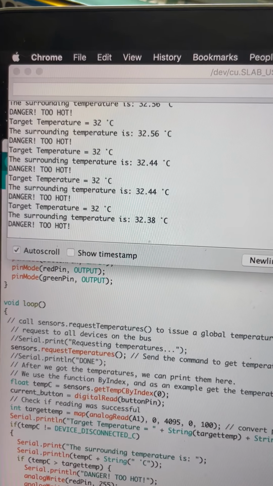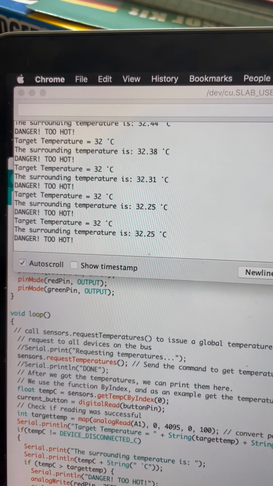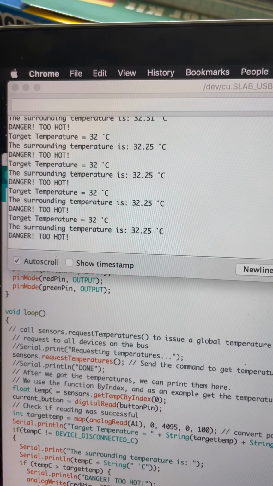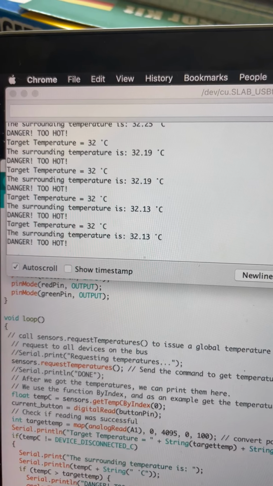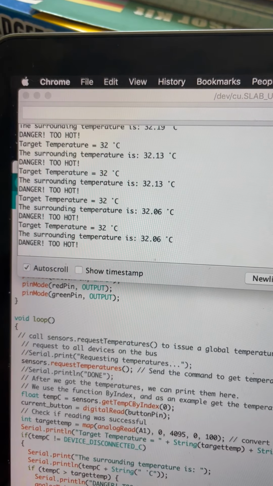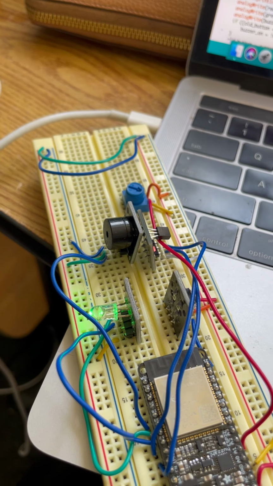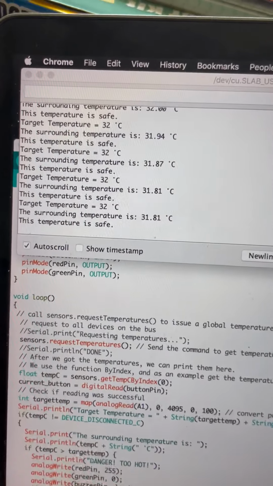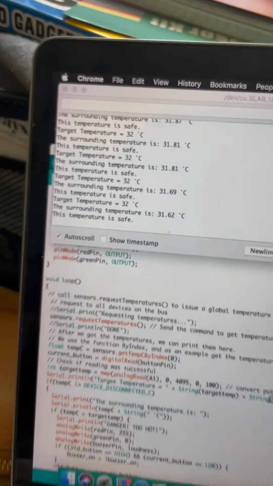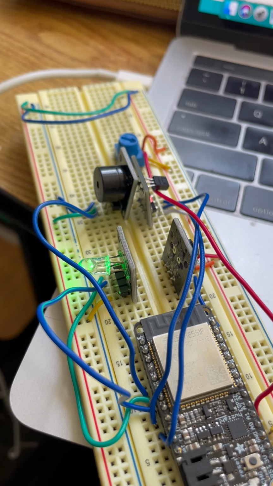It's gradually reducing. And we can see now the surrounding temperature is below 32, and the light has gone back to green, and the system has been reset.